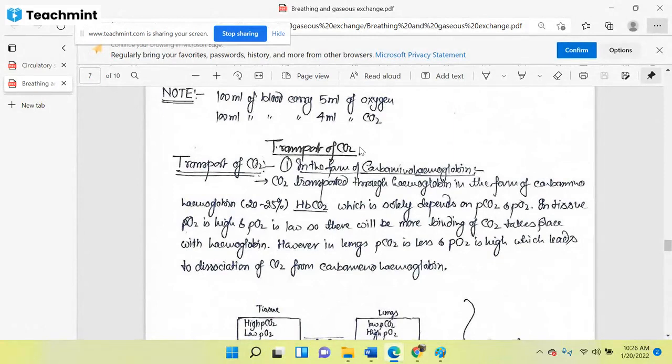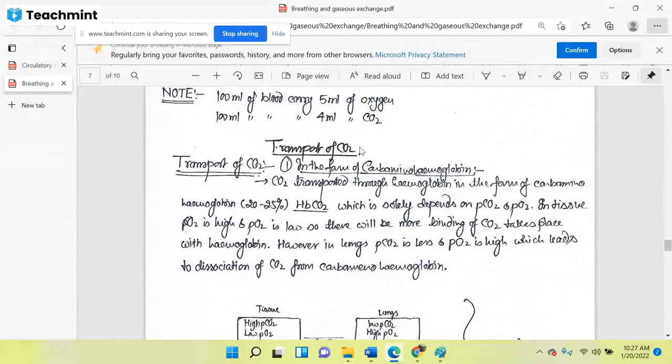So one by one we will see how the carbon dioxide is being transported in different organs in different ways, in different conditions, how the same carbon dioxide binds with the hemoglobin, and how the same hemoglobin releases the same carbon dioxide.